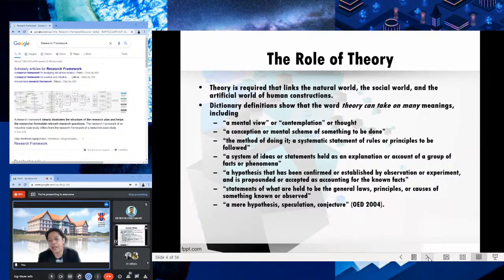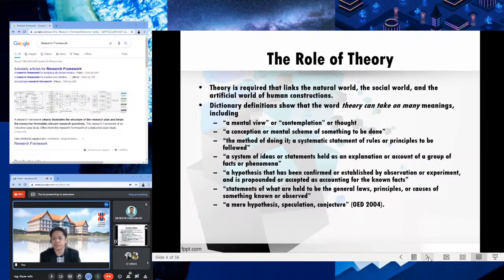Theories can also be defined as a conception or mental scheme of something to be done. There are differences between a scientific theory and non-scientific theories, but the major thing is the perspective, the mental view, our thoughts, how we can model our findings into one theory that everyone can use.